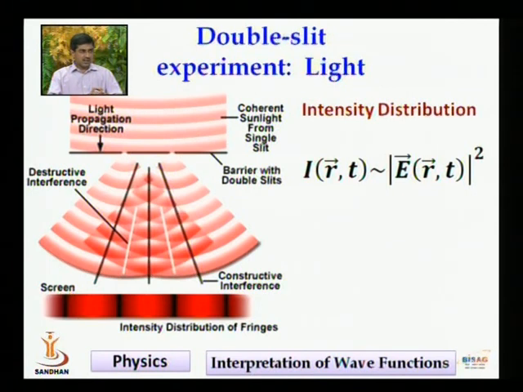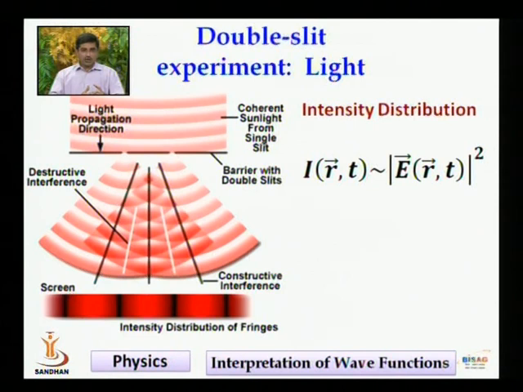As shown in the figure, let us say that some plane waves are incident on two narrow slits kept very close by, and let us also assume that the incident light waves are coherent. Their coherence allows us to see a permanent, stationary pattern on the screen, and as shown in the slide, dark and bright fringes are observed.